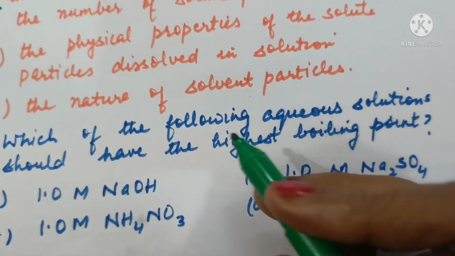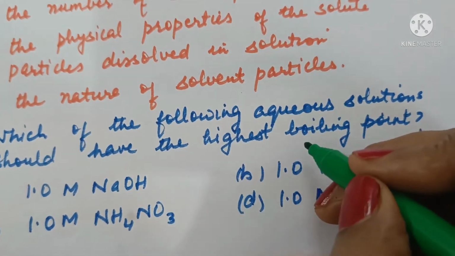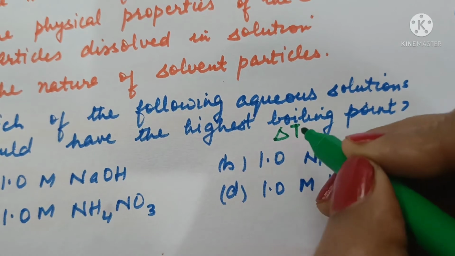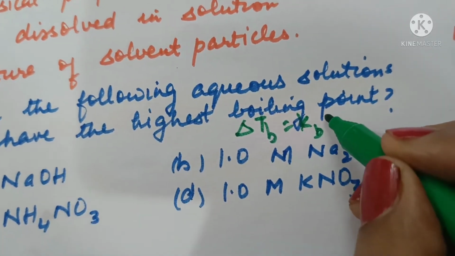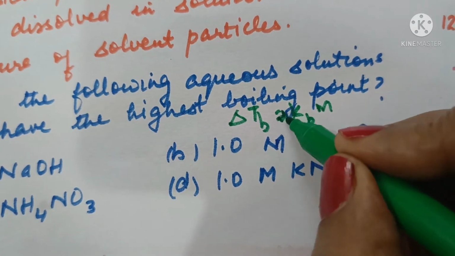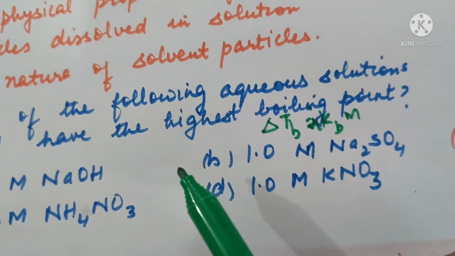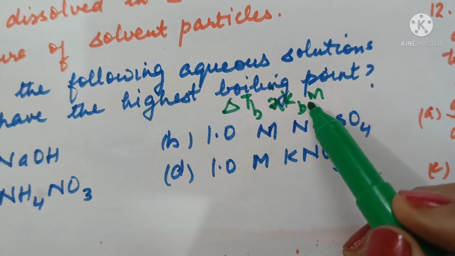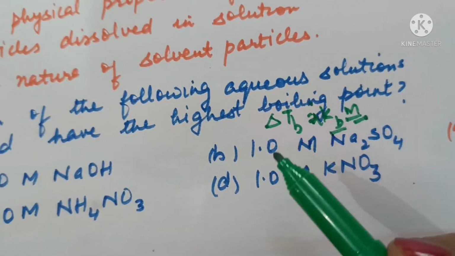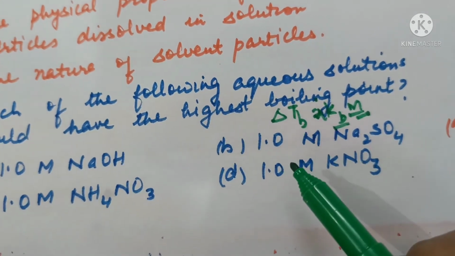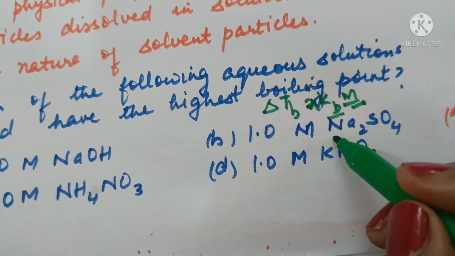As we know that the elevation in boiling point delta TB is equal to Kb into m into Van't Hoff factor i. Now, as the concentration molality is same and the solvent is also same, the elevation will depend upon the Van't Hoff factor.